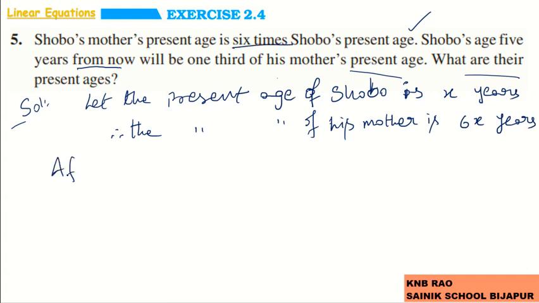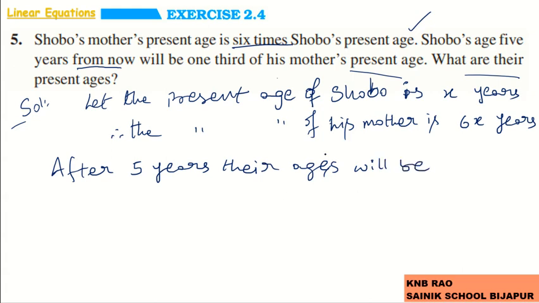Next, after 5 years, their ages will be whatever is the present age, to that 5 is added. So their ages will be like this.